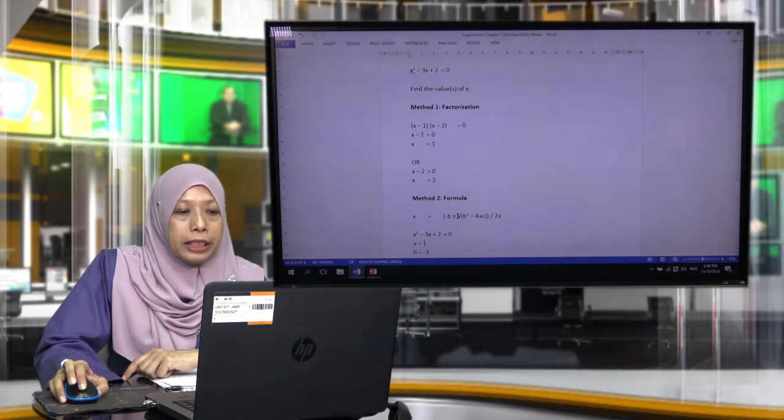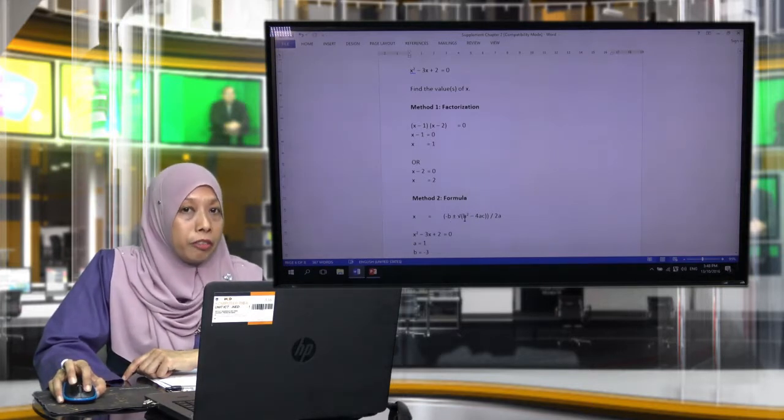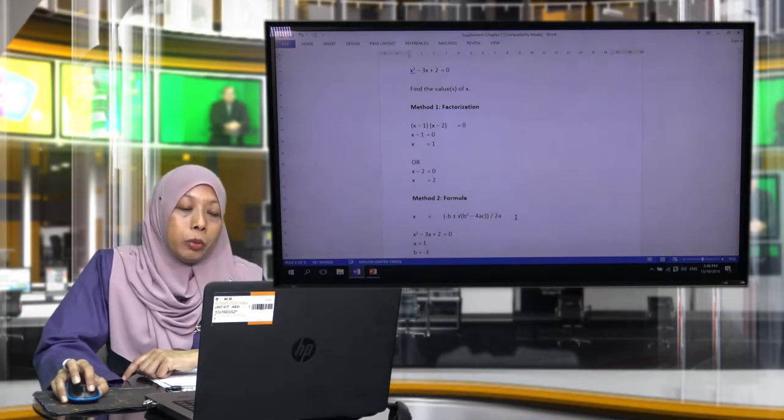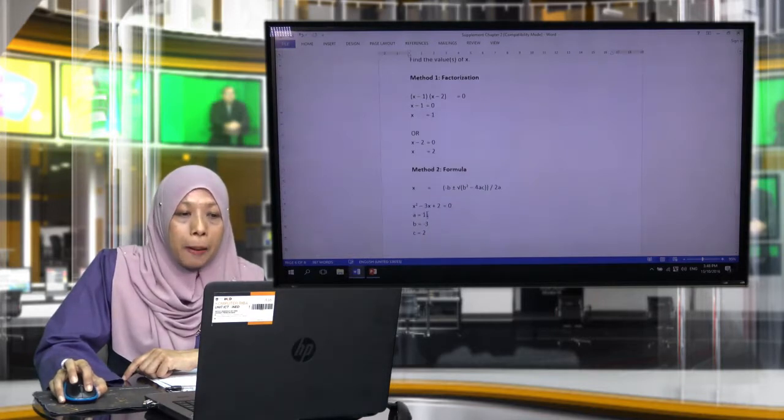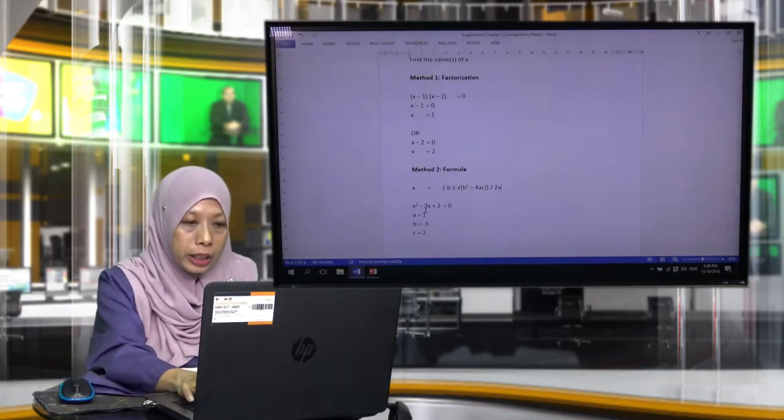Another method is for you to use a formula. The formula says that if you want to solve for x, you need to use this formula: negative b plus minus the square root of b squared minus 4ac, and you have to divide everything by 2a.